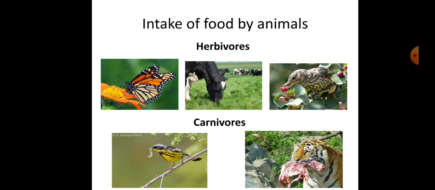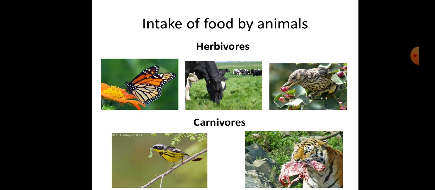They are eating plants as their food. See here, I had shown you three examples of herbivorous animals. That is here a butterfly, a cow, and a bird eating the seeds or the fruit, I think. Okay, the cow is eating the grass and this butterfly is sucking the nectar from the flower.